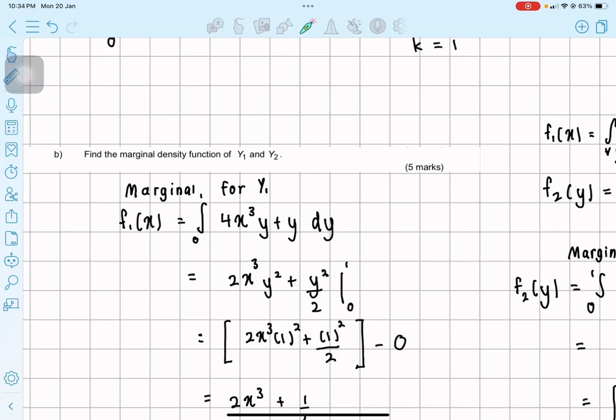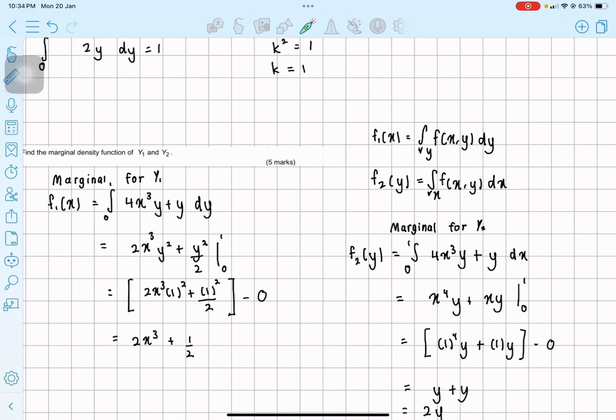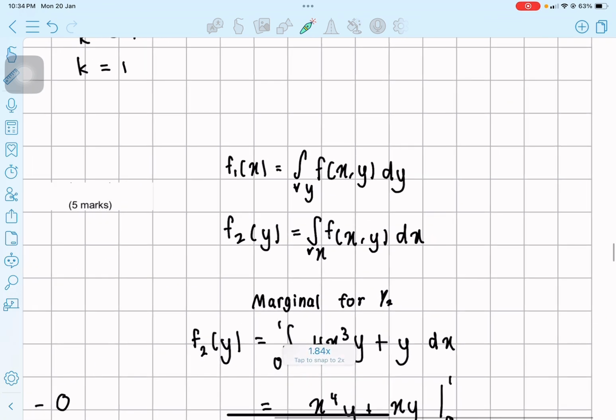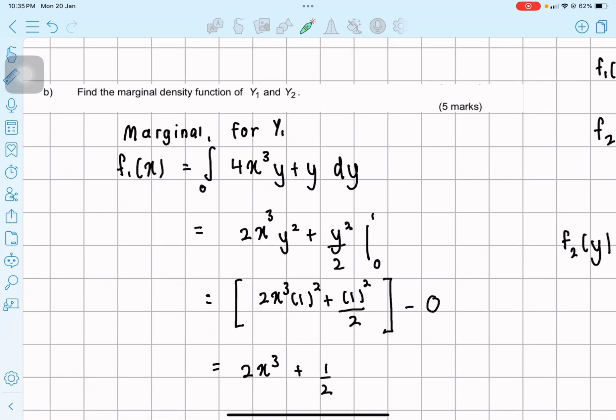Next, question B. Find the marginal density function of y1 and y2. We're going to separate the work into two: first the marginal for y1, then the marginal for y2. We are using this formula for two variables, where x is y1 and y is y2.